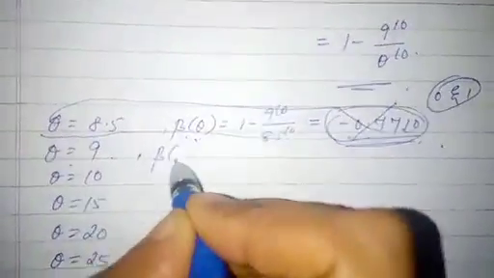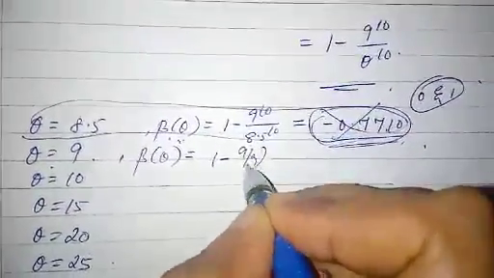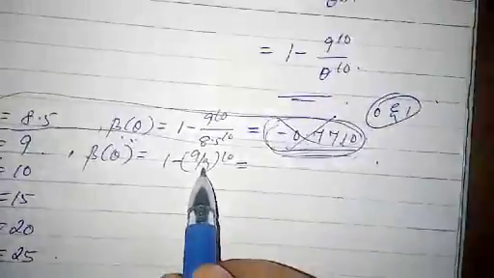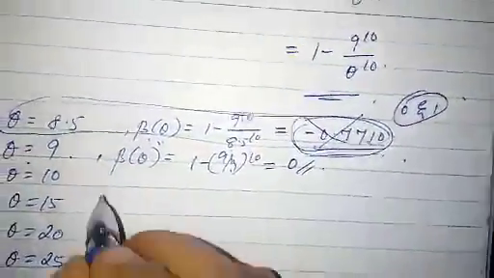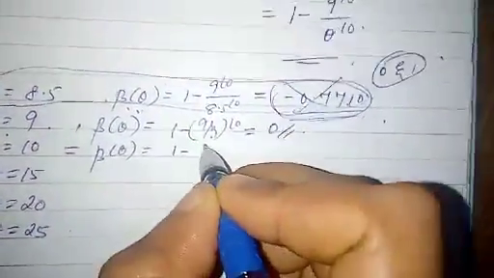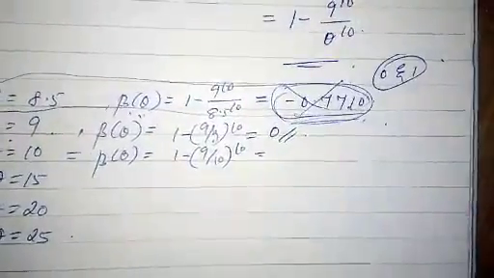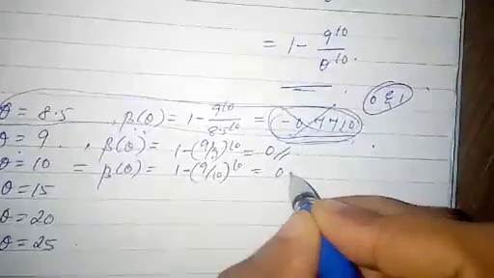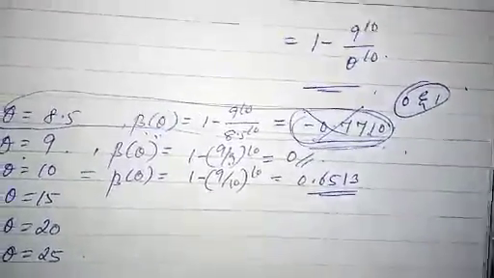Then the power function of the test equals 1 minus 9 divided by 9 to the power 10, which is equal to, 9 divided by 9 is 1, right? 1 minus 1 is 0. Okay, next beta of theta equals 1 minus 9 divided by 10 to the power 10, which is equal to 0.6513, right?